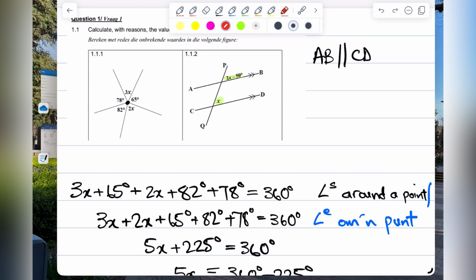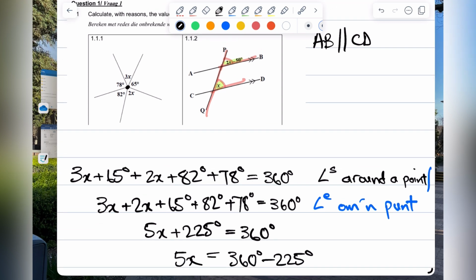So you can obviously see the F that's being formed there. Or you can see it as an upside down F, where you of course have these as corresponding angles. So we know that corresponding angles are equal. So ons weet dat ooreenkomstige hoeke gelyk aan mekaar is.